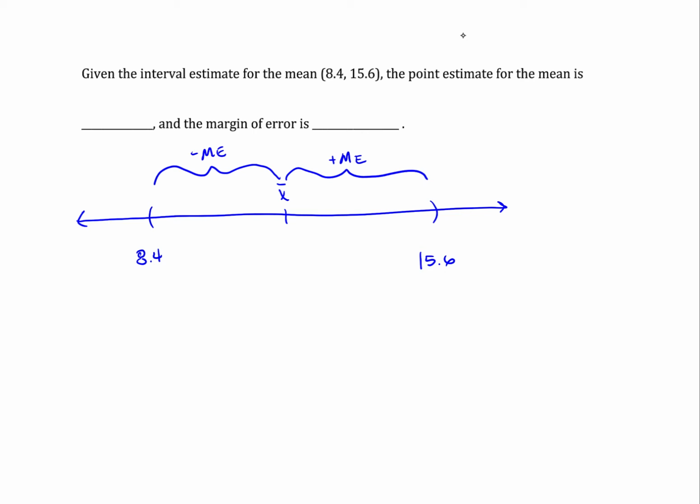So if we know the endpoints of the interval, we can work in reverse and figure out what the sample mean is and the margin of error, or the point estimate, just supposing it's the sample mean.